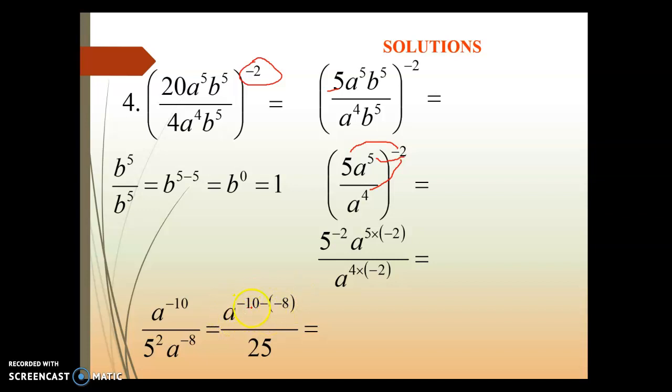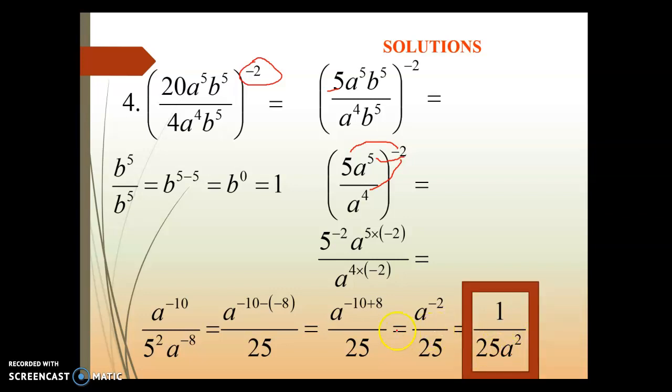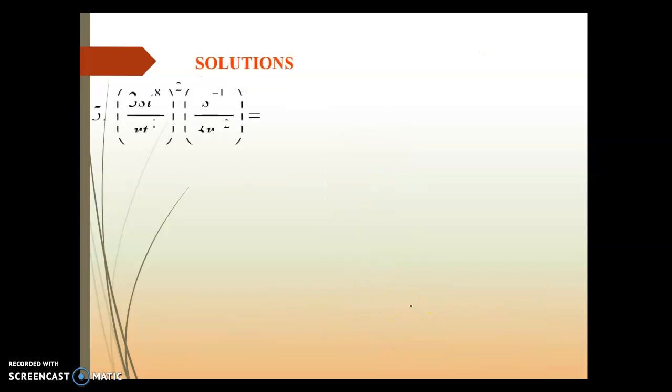A to the negative 10 minus the negative 8. And you add, you get negative 2 all over 25, which, if you take the reciprocal of this, you will get 1 over 25A squared. Okay, am I clear enough? Okay, let's proceed to the last example.